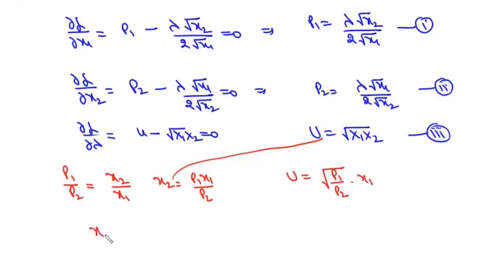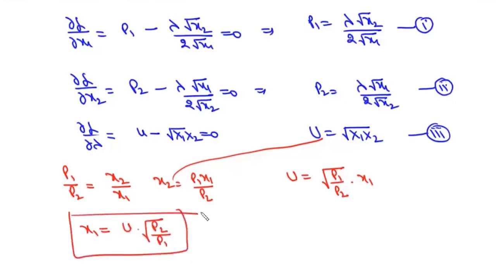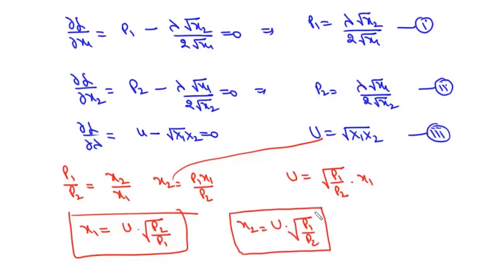So from here we'll get expenditure minimization quantity x1 as u into under root p2 upon p1. So that's your x1. And in the same way we can write x2 as u into under root of p1 upon p2. So now we have our quantities x1 and x2.